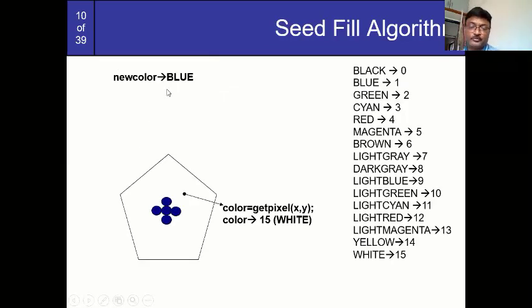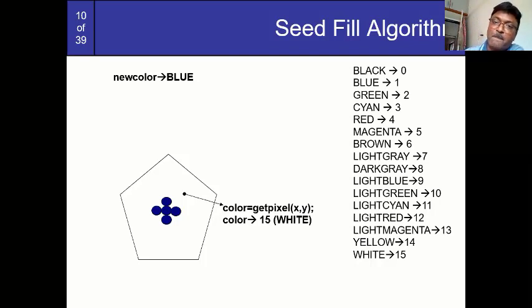In the seed fill algorithm, first of all you have to specify the new color. These are all color values. To see them, type help for the color, and then press Alt F1, which shows all the colors of the pixel. Here the colors start from black, with value 0, and end with white, value 15.